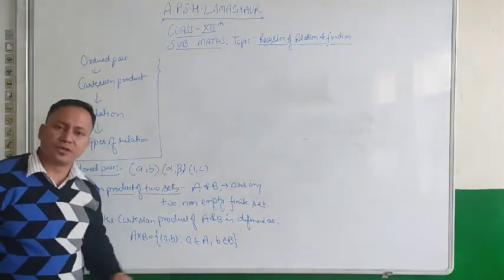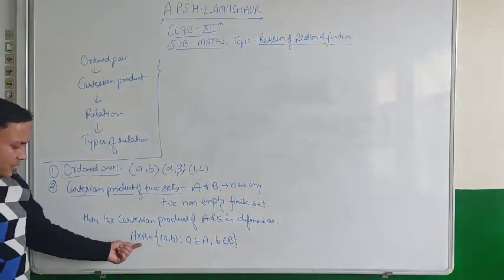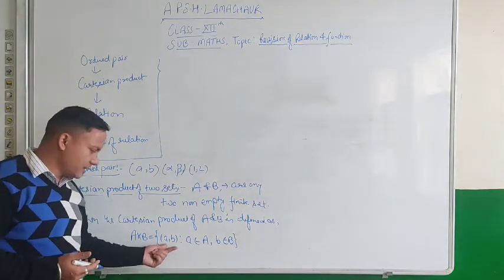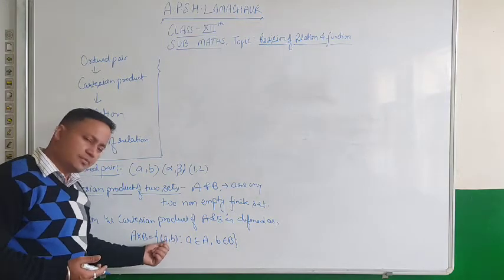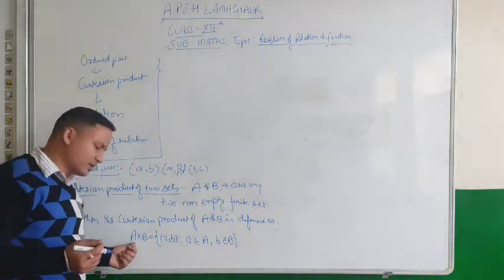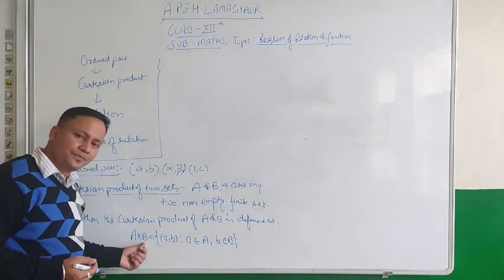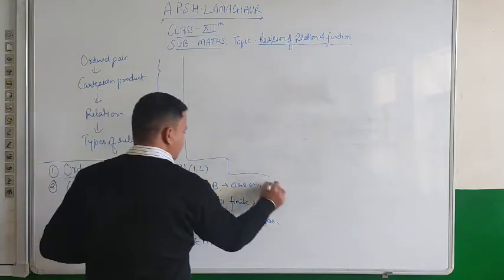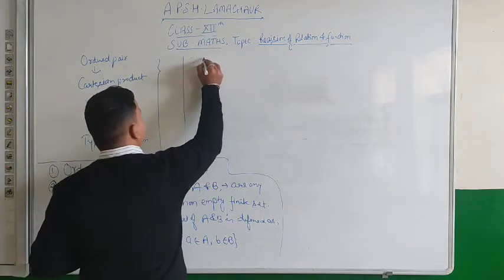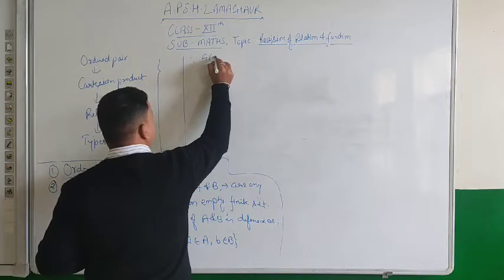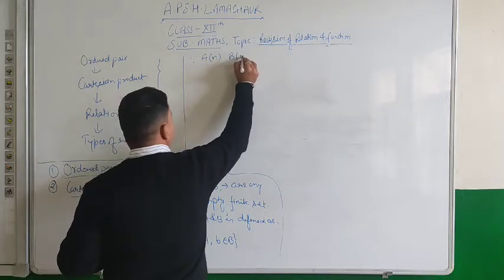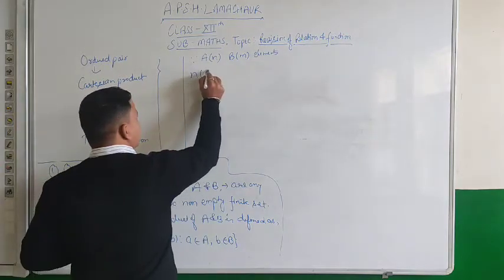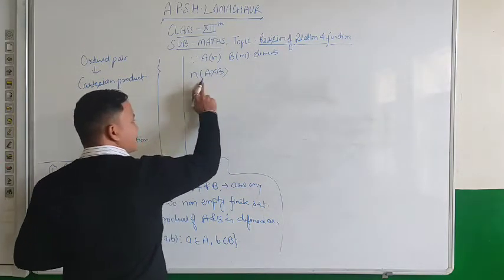If A and B are any two non-empty finite sets, then the Cartesian product of A and B, written as A cross B, is the set of ordered pairs (a, b) such that the first element belongs to the first set and the second element belongs to the second set. Now there are some cases. If set A has p elements and set B has q elements, what is the formula for the number of elements in the Cartesian product A cross B?